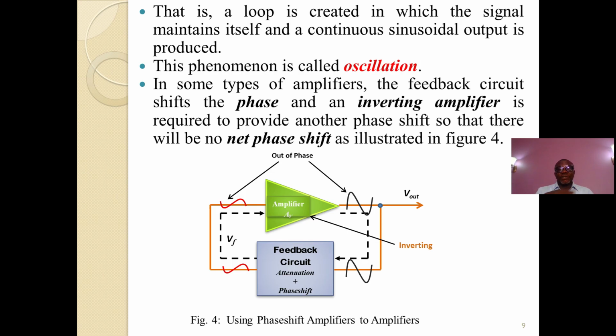So in some types of amplifiers, the feedback circuit shifts the phase, and an inverting amplifier is required to provide another phase shift so that there will be no net phase shift, as illustrated in this Fig 4. If you compare it with Fig 3, Fig 3 makes use of a non-inverting amplifier, while this makes use of an inverting amplifier to make sure that the phase shift is restored to what it should be.